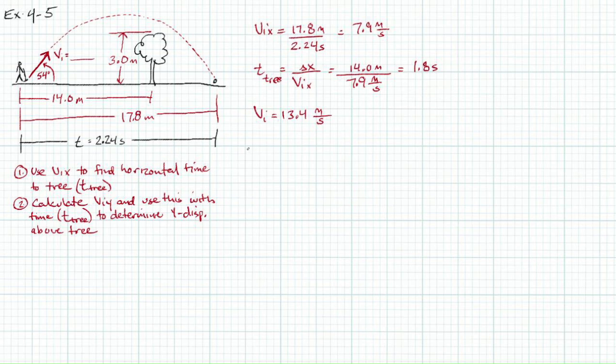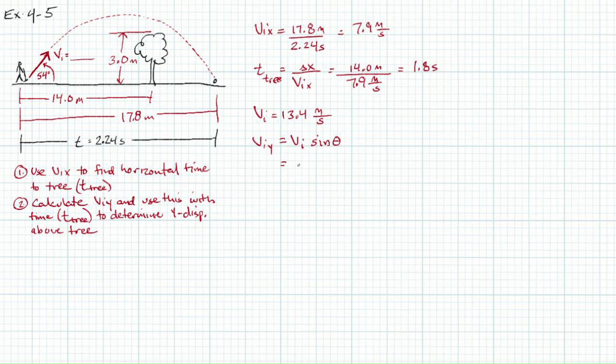So the y component of the initial velocity, that is the full magnitude, the initial velocity, times the sine of theta.